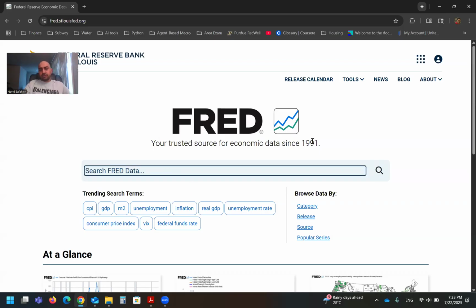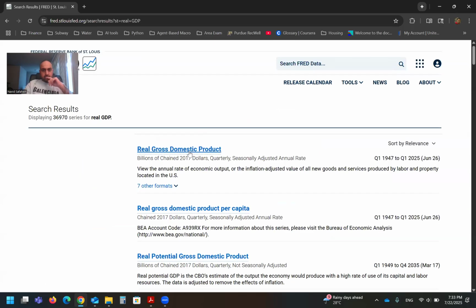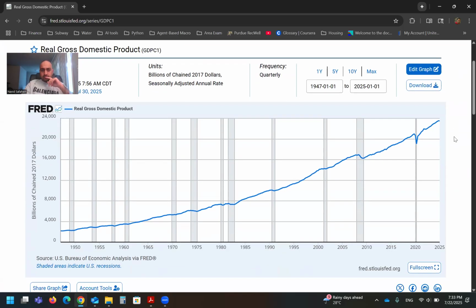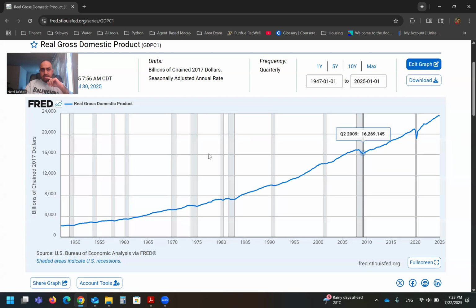If you search for any data, for example, real GDP, you can find that easily. So here you can see the real GDP data from 1947 to 2025.